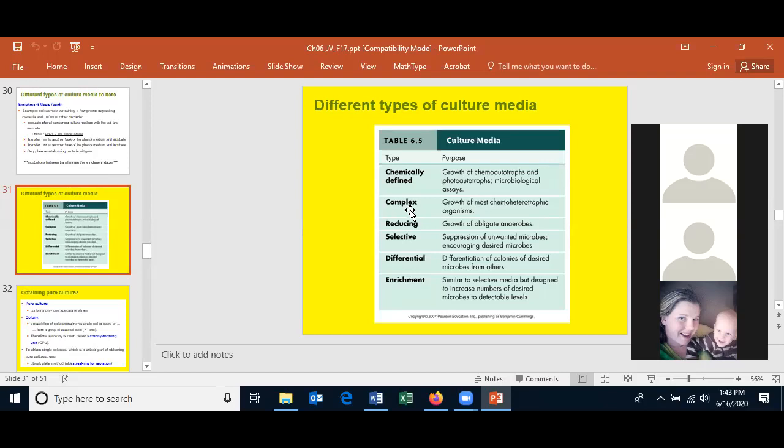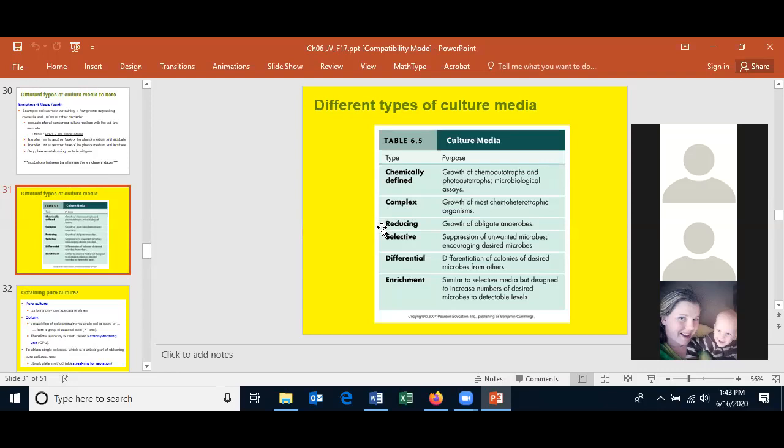And that will be what most of your general purpose media will be that you use in microbiology, a complex media. And that will grow a lot of the chemoheterotrophic organisms like E. coli that we grow. And then it's just a cheap media too, so that's why we use complex medias.